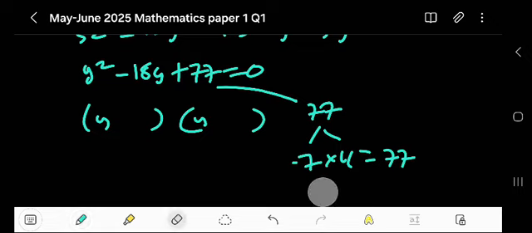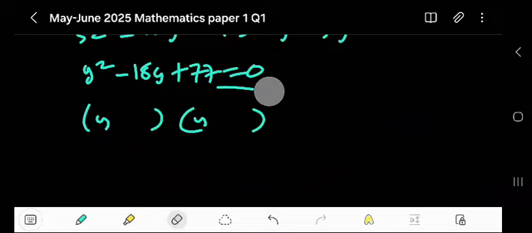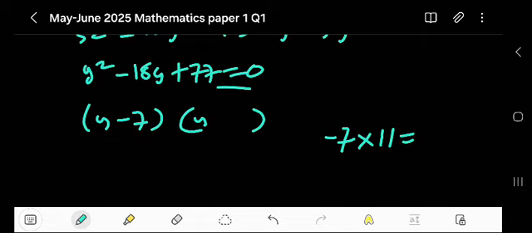So okay, these are right, as you can see. That means we'll have those factors there. We'll have those values, which two numbers will have minus 7, as you have seen, and minus 11.